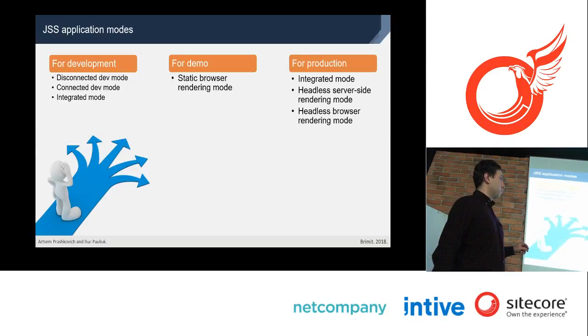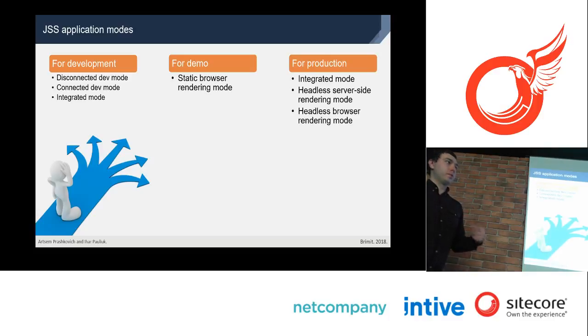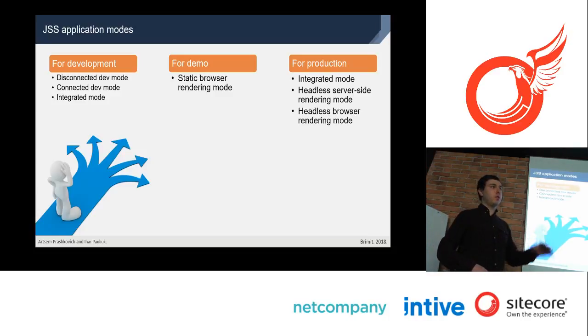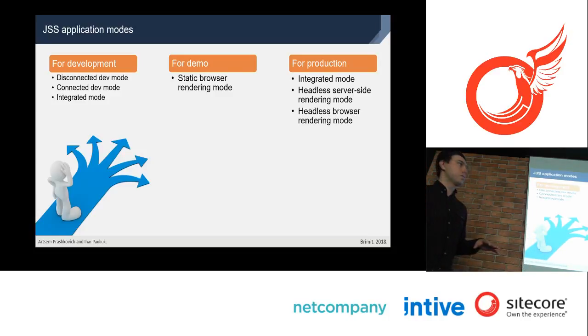It's the place where rendering will be performed. Rendering can be performed by the browser or by the server. And the data provider, the thing which will provide the data for our components.